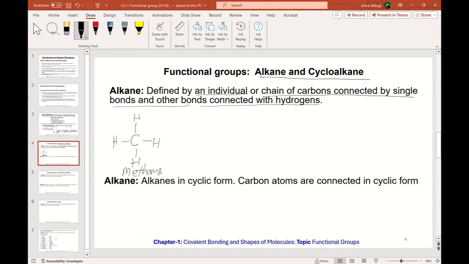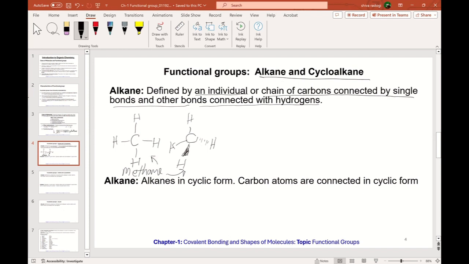Usually we do not write the structure like this. It is a tetrahedral structure. So we write one hydrogen like this, another hydrogen in this way, a third hydrogen above the plane of the paper, and the fourth hydrogen below the paper. This is called the tetrahedral structure.